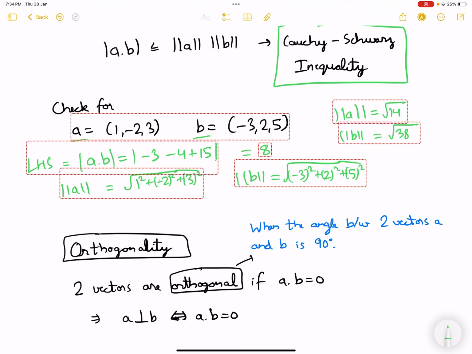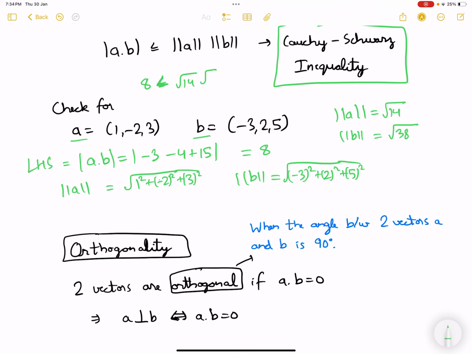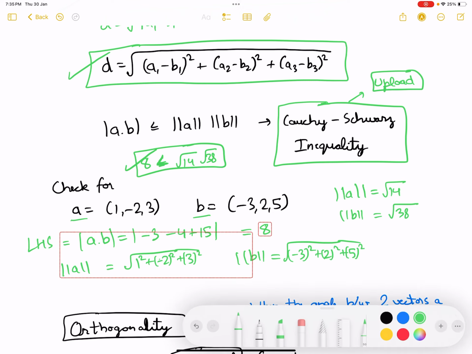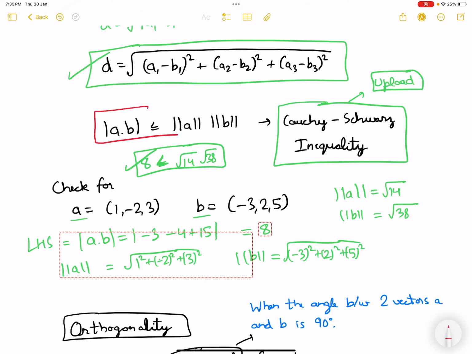So you can easily see that 8 is strictly less than under root 14 into under root 38. You can use your calculator to see this. And you just need to remember this inequality. This is the most important inequality, you'll see.